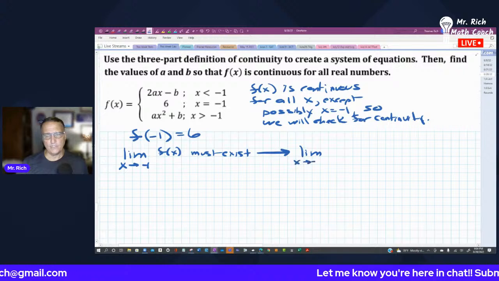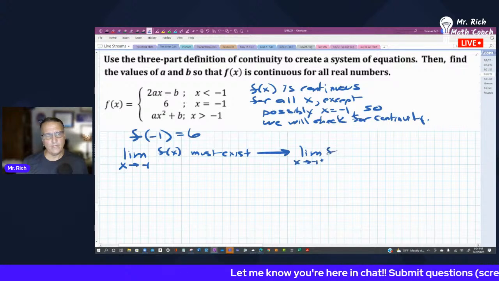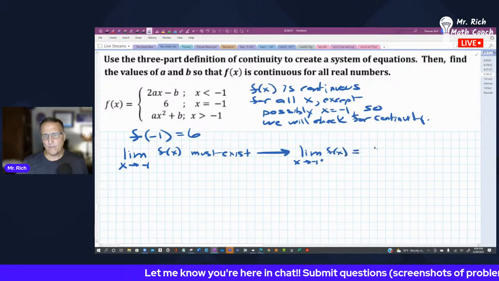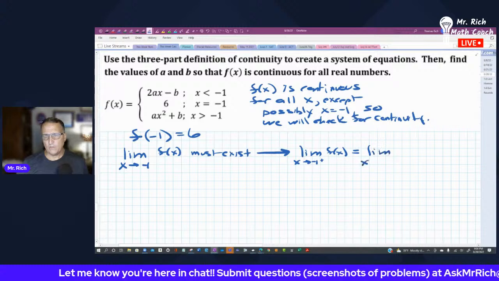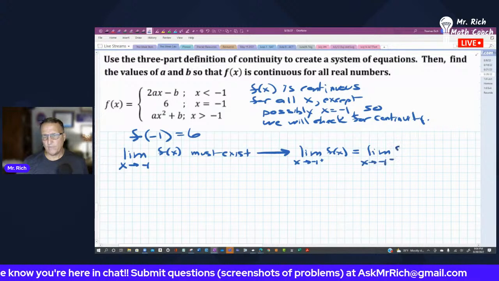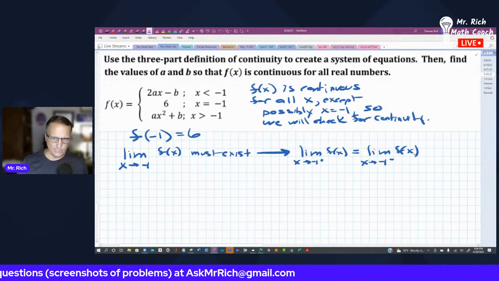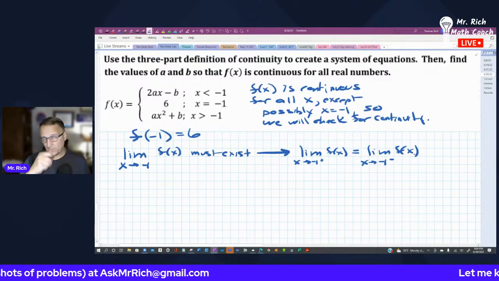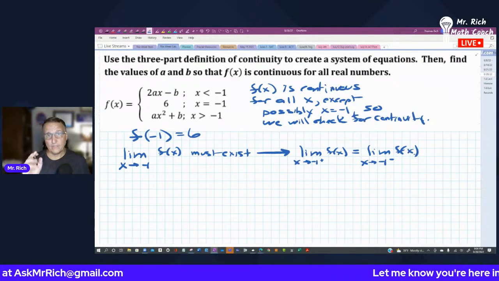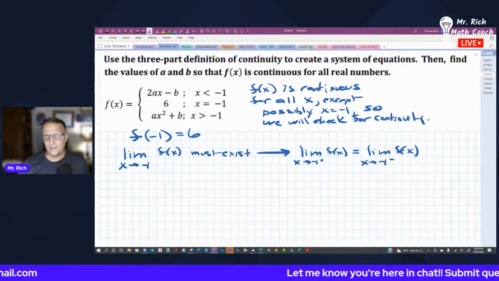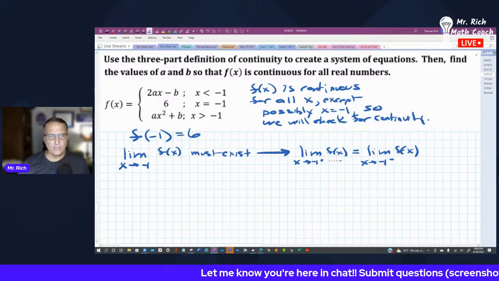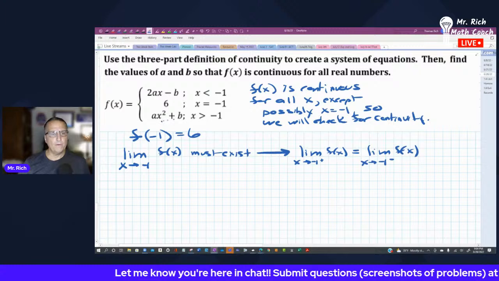So what we could say then is that we have this equation. The limit as x approaches -1 from the right must equal the limit as x approaches -1 from the left. That has to be true for the limit to exist, which is what we want. We want it to exist, and we want to find a and b that will make it so. All right, so that's the idea. So from the right, then we would be using this.